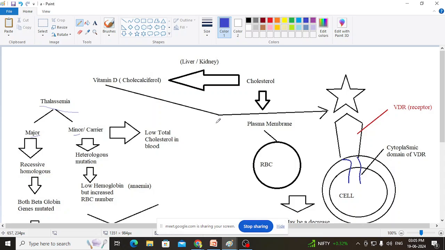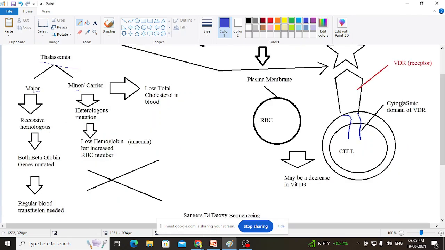In major cases, it is basically a recessive homozygous mutation, which leads to complete hemoglobin deficiency. On the contrary, if it is a heterozygous mutation, it will lead to low hemoglobin concentration but an increase in the number of RBCs.